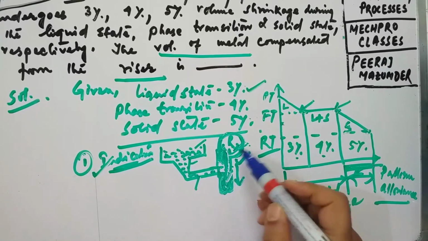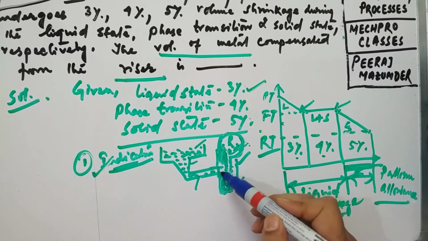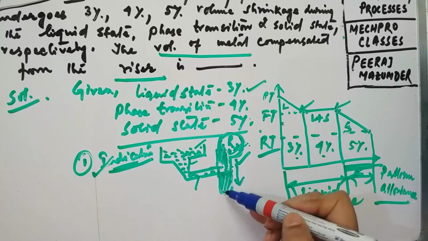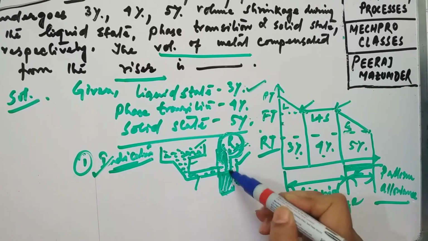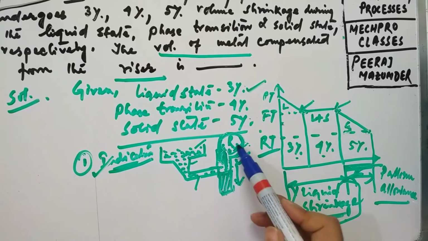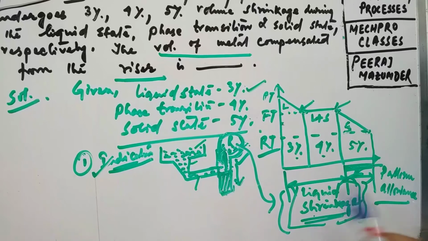So the molten metal eventually fills the required portion of the molding cavity, and it helps in reducing the liquid shrinkage. That is the function of the riser, to provide enough metal to avoid this liquid shrinkage.